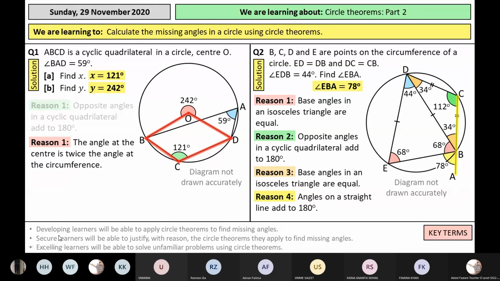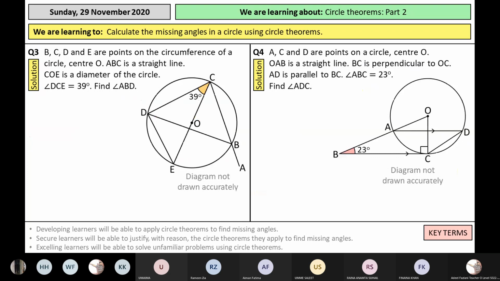Give yourself a star. I have already mentioned the reasons behind it. The entire question is self-explanatory, so you require more practice to hold a grip on such types of questions. Now, question number 3 and 4. Your time starts now. Quickly. Can you see the screen?